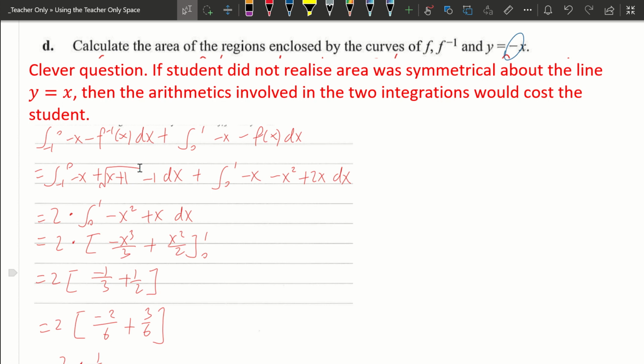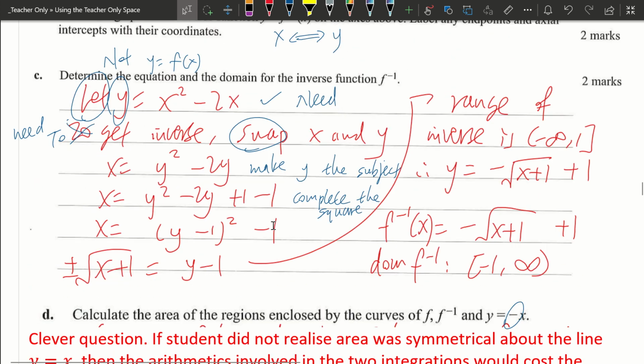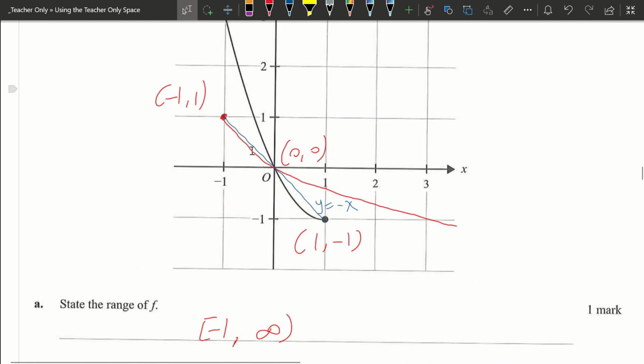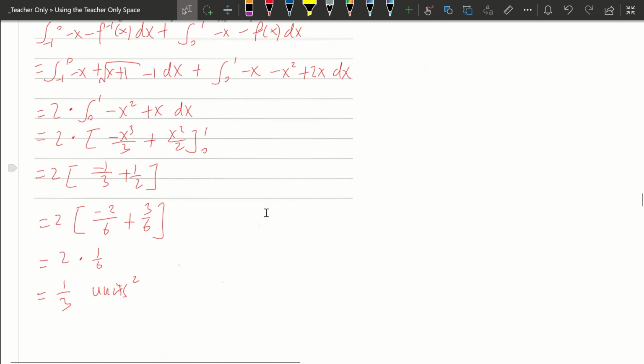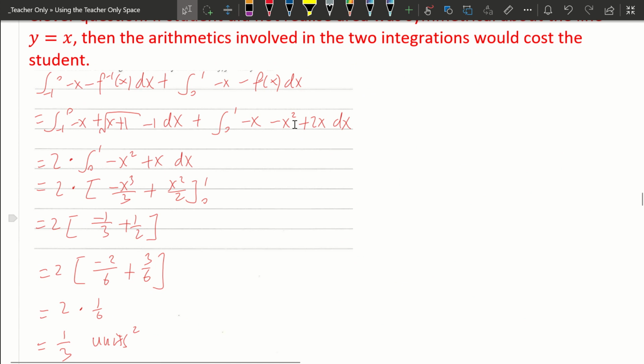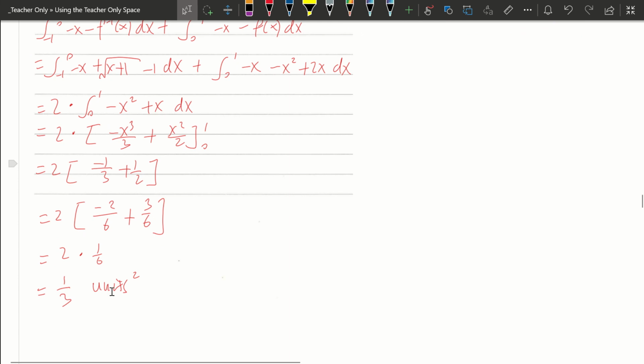So it's prone to mistakes and it takes longer. So then I realized, let's avoid that. Just take the easier integration times 2, because the area is the same area times 2. So I took the easier integration from 0 to 1 and then I times 2. So evaluate, I get a third, which is a third unit square.